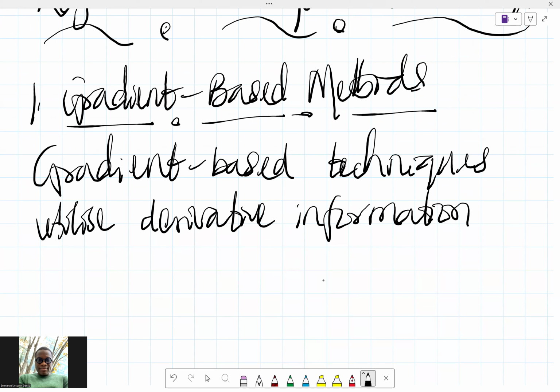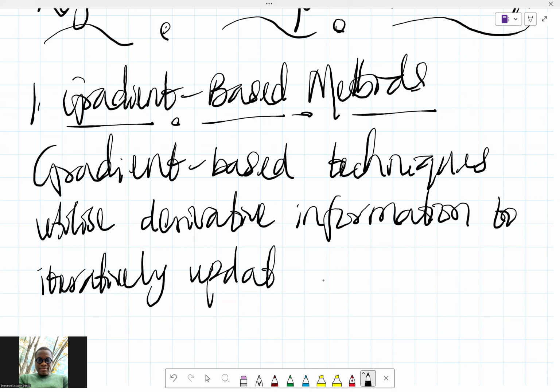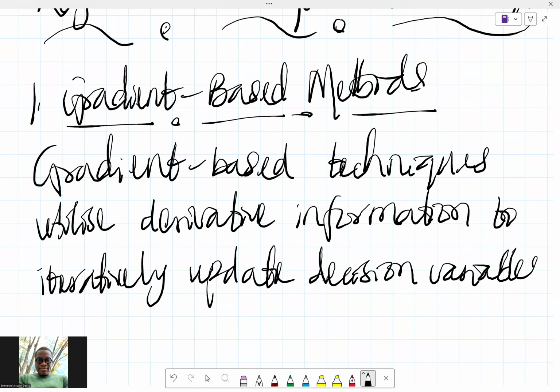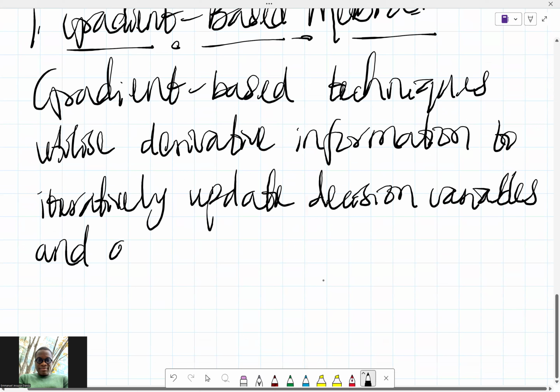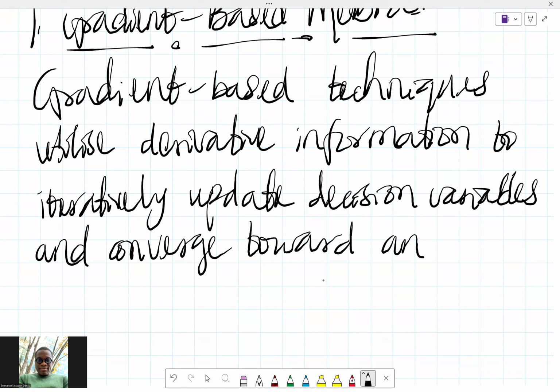So gradient-based techniques utilize derivative information to iteratively update decision variables and converge toward an optimal solution.